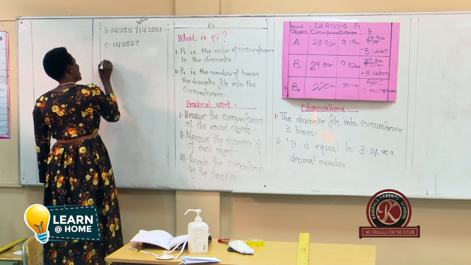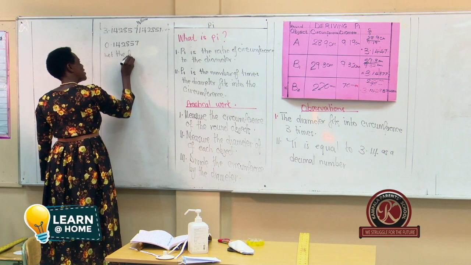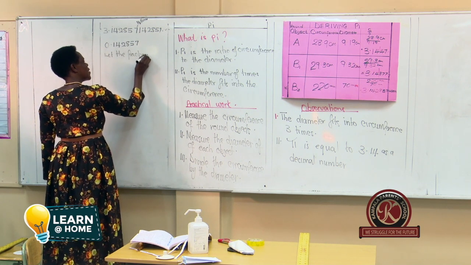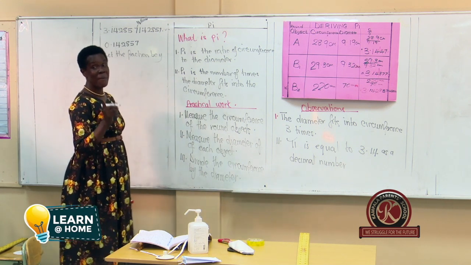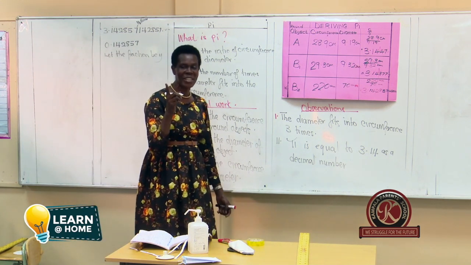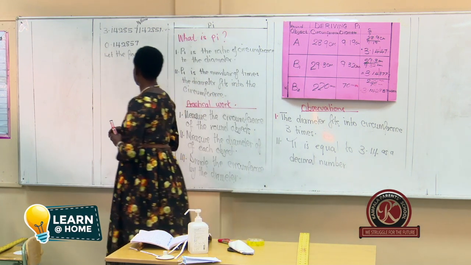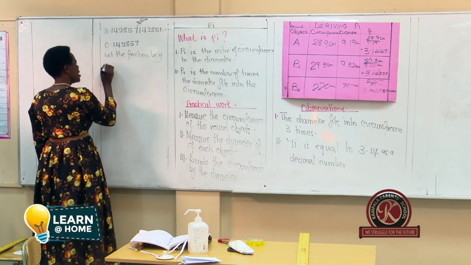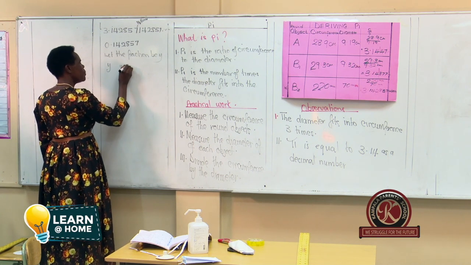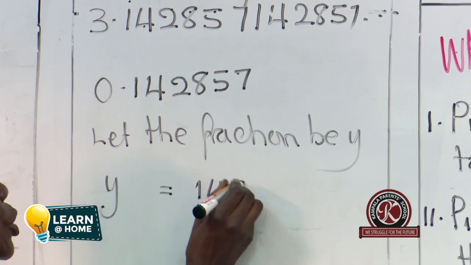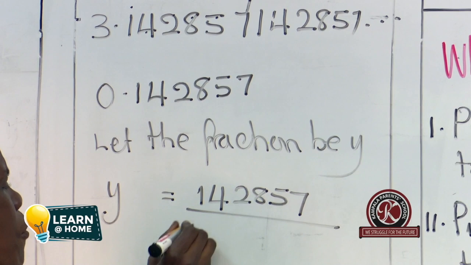So let the fraction be y. I know our members who are not now getting tired, they are there, but I'm watching you. So we say this y, which is the fraction, will be 1, 4, 2, 8, 5, 7 out of 1 million minus 1.